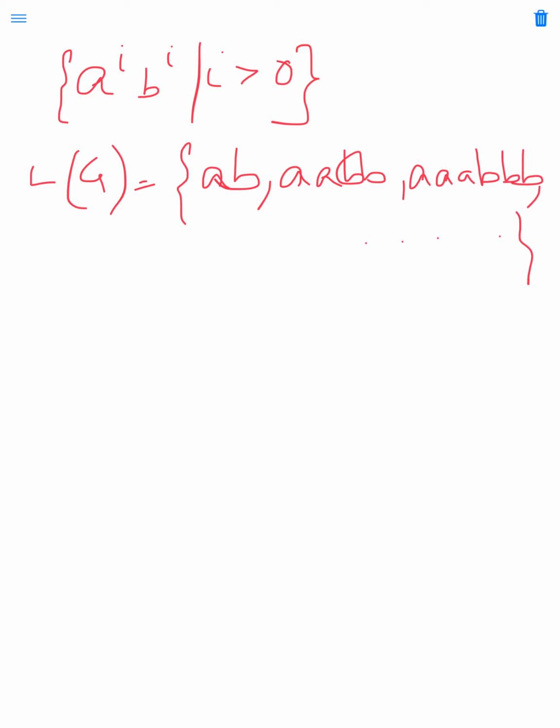So what is the modification that needs to be made, or how can the grammar be generated? Here AB is the minimum string. So S gives AB you can give. And for the other strings, equal number of A's and equal number of B's, all A's followed by equal number of B's, then you have to insert the right hand side as aSb.